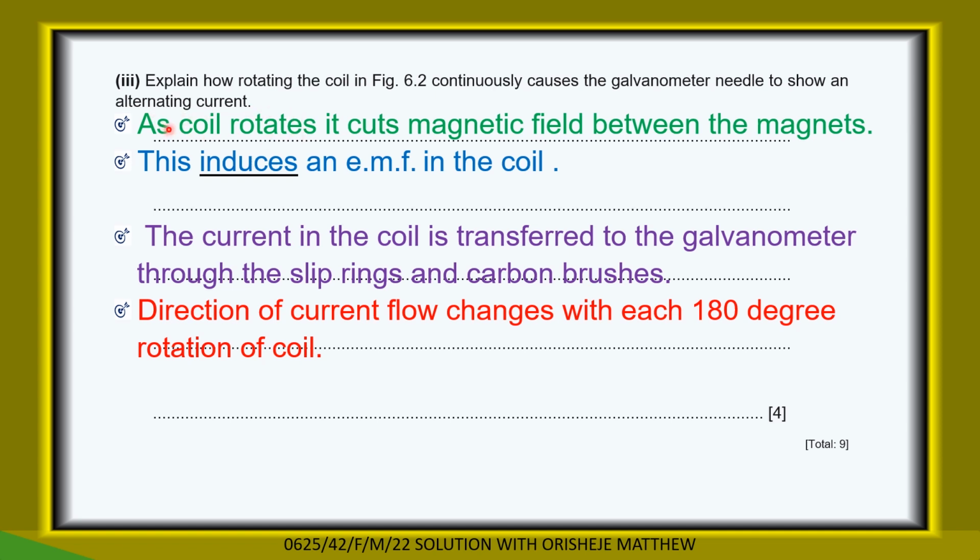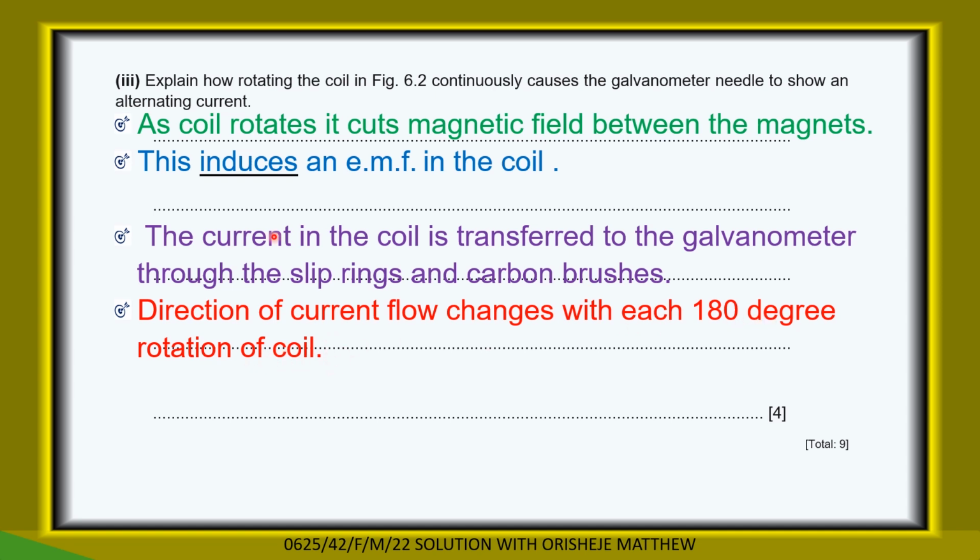The coil rotates and cuts the magnetic field between the magnets. This induces an EMF in the coil. The current in the coil is transferred to the galvanometer through the slip rings and carbon brushes. Then the direction of current flow changes with each 180-degree rotation of the coil.